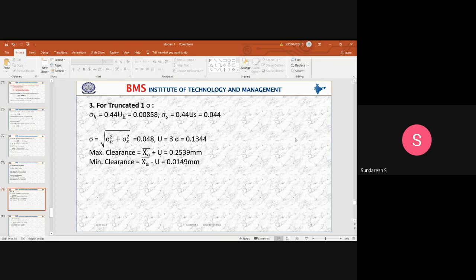Rest of things will remain the same. So once you get the U value, you can calculate the maximum clearance and minimum clearance by using the same formula.